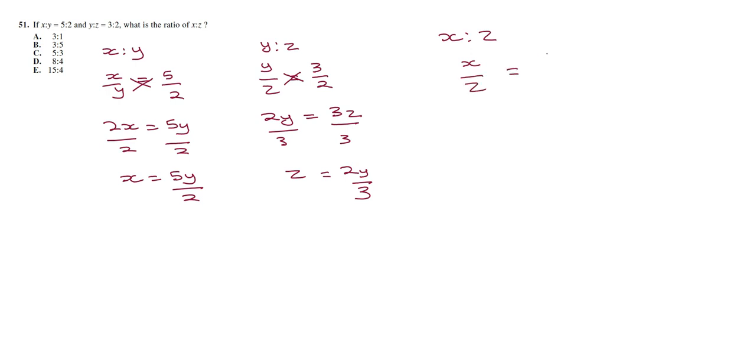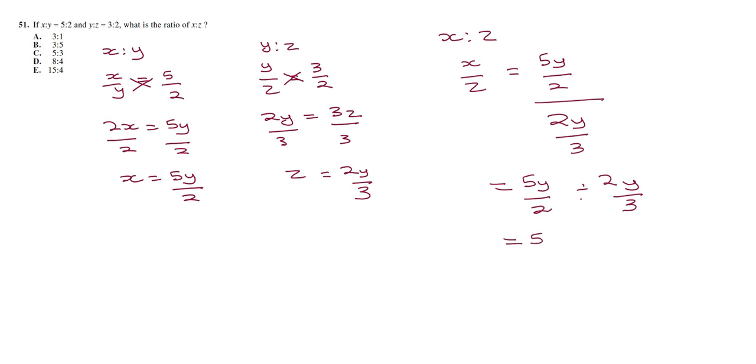X is 5y over 2 and z is 2y over 3. So we're going to divide. So we have 5y over 2 divided by 2y over 3, which is going to give us 5y over 2 times 3 over 2y.